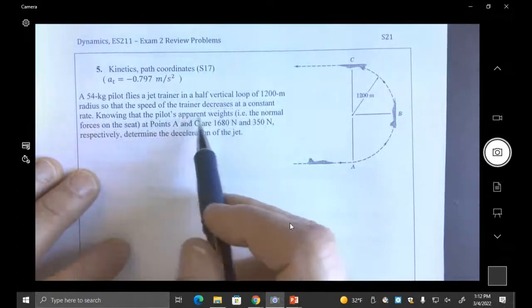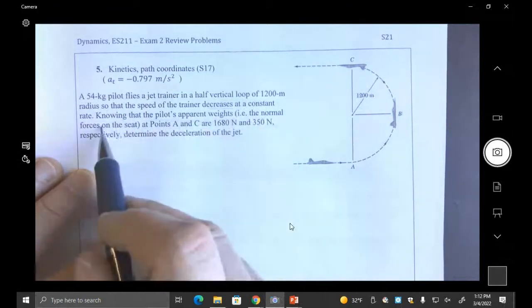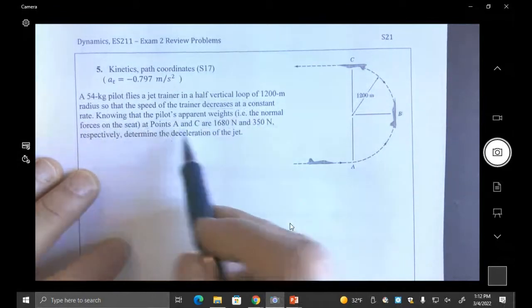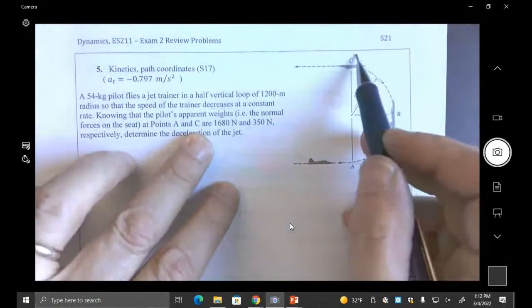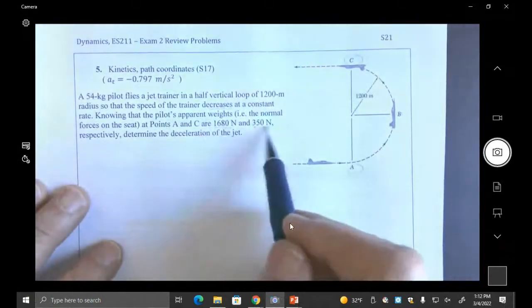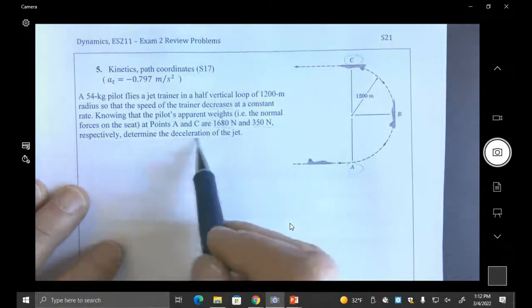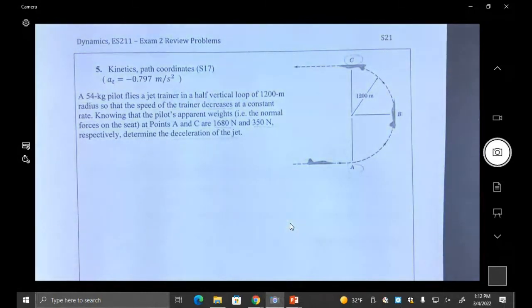Knowing that the pilot's apparent weight, i.e. normal force on the seat at points A and C, are this amount and this amount, determine the deceleration of the jet. So this is a problem where it kind of makes you go through a little bit of a story, right? You got to kind of picture out a what if and a what if.